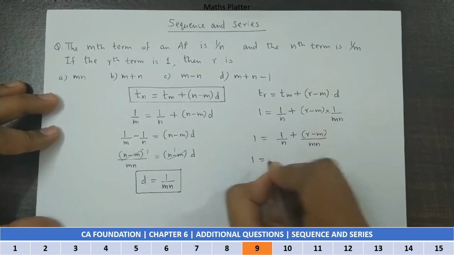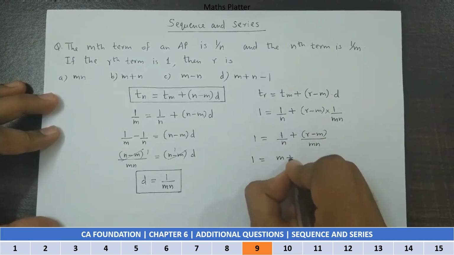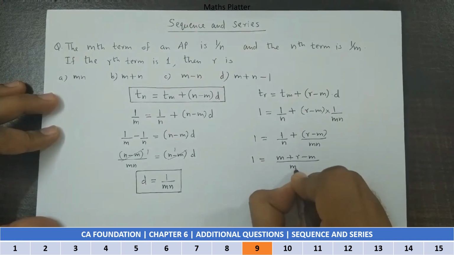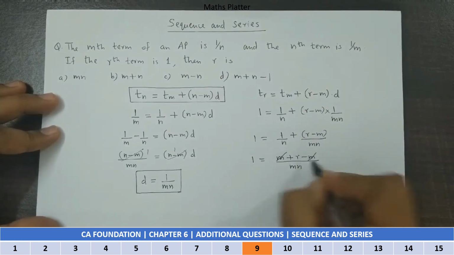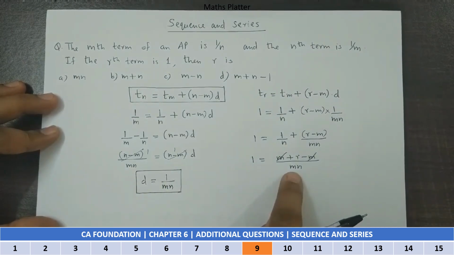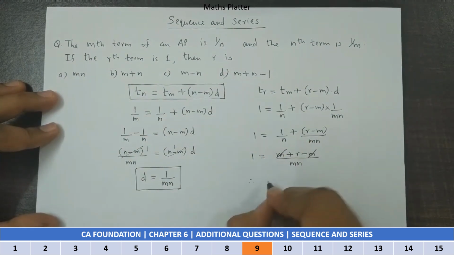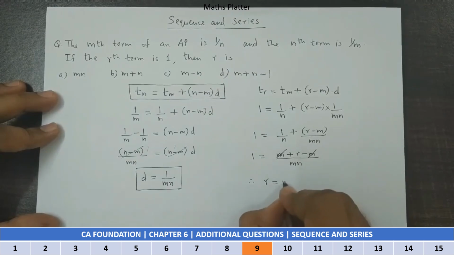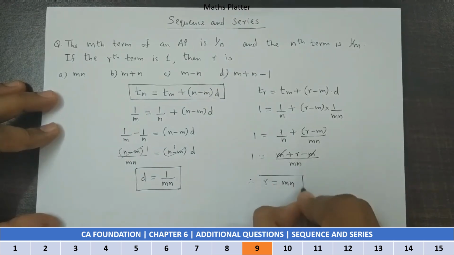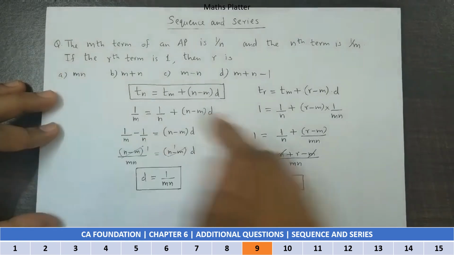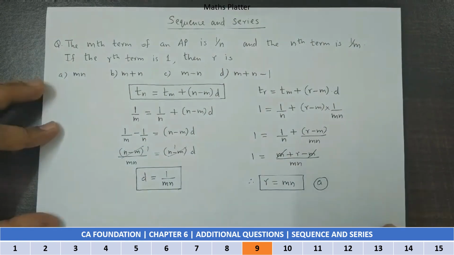So we have 1 is equal to m plus r minus m upon mn. Now m gets cancelled and this mn gets multiplied to the left hand side. So we have r is equal to mn, and the answer to this question is option A.